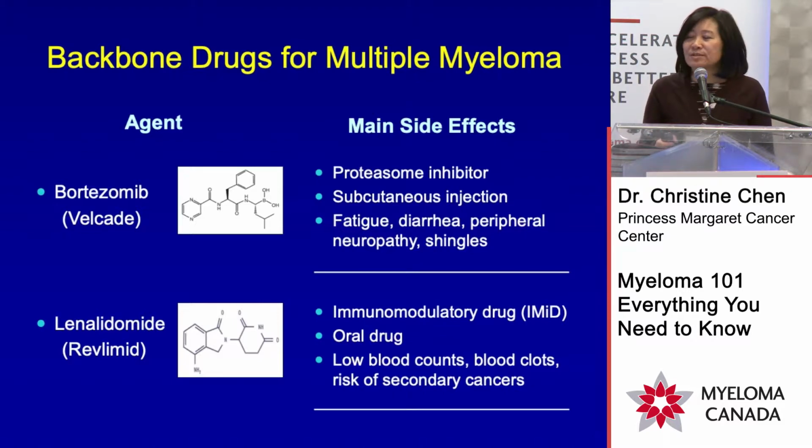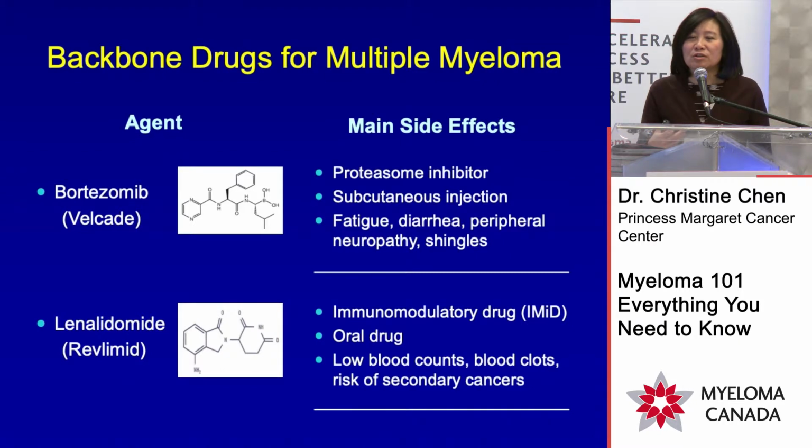I'm not going to focus much on individual drugs, but I think it is important to at least mention our backbone drugs, which are bortezomib, also known as Velcade, and lenalidomide, also known as Revlimid. These are our backbone drugs that we use from the get-go. Bortezomib is a proteasome inhibitor.